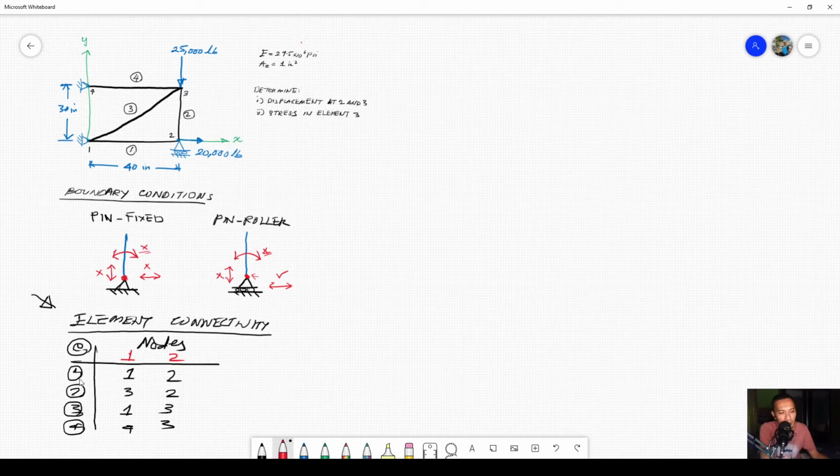For example, element number 1 is connected from 1 to 2, so we draw its direction starting from node number 1 towards node number 2. Element number 2 is connected from 3 to 2, element number 3 from 3 to 1, and element number 4 from 4 to 3.